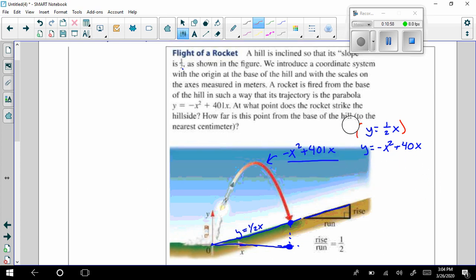All right, so let's try this again the other way. Let's take our y value and substitute it in. So we get 1/2 x is equal to negative x squared plus 401x.